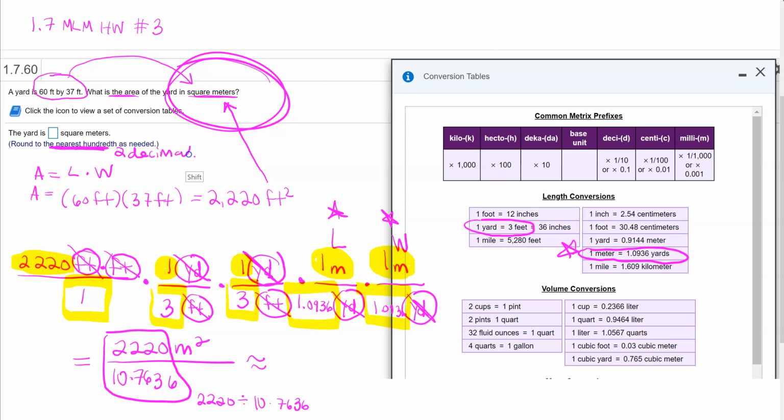So I've typed this in my calculator, and rounding to 2 decimal places, I'm going to get 206.25 square meters. So 2,220 square feet is going to cash in for 206.25 square meters.